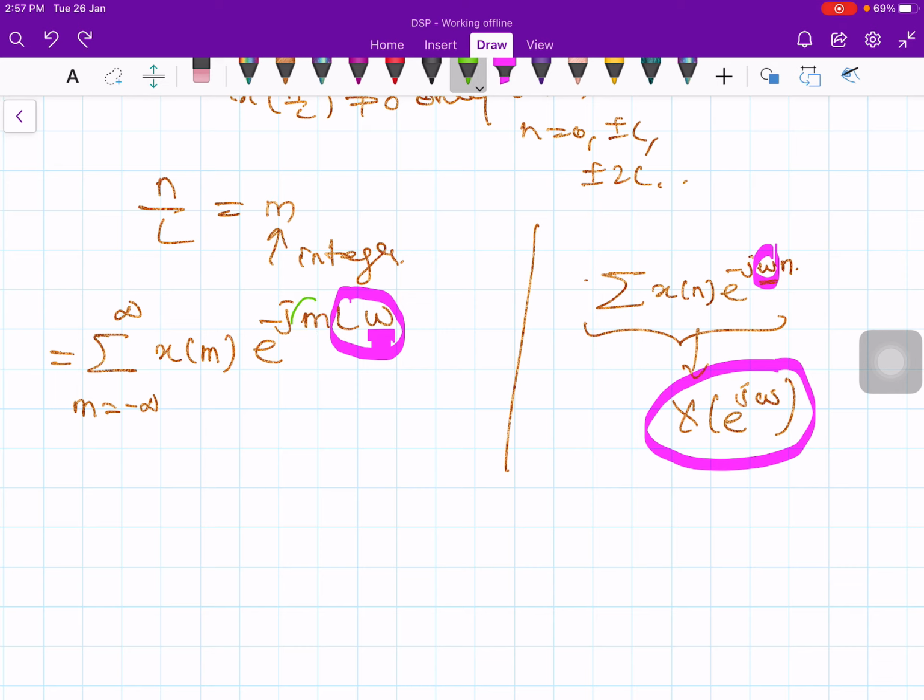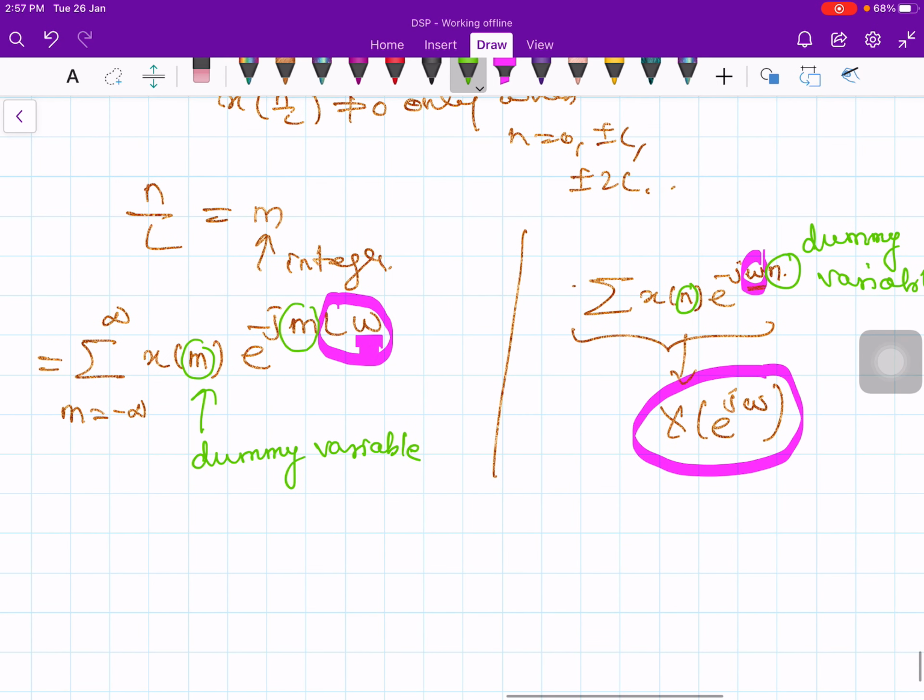It's a dummy variable. So we are not looking at the dummy variable, we are looking at the omega.